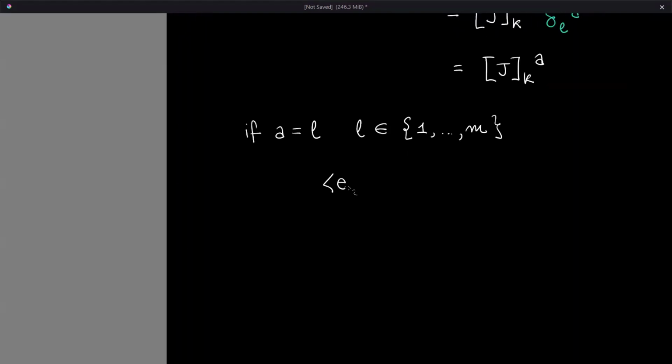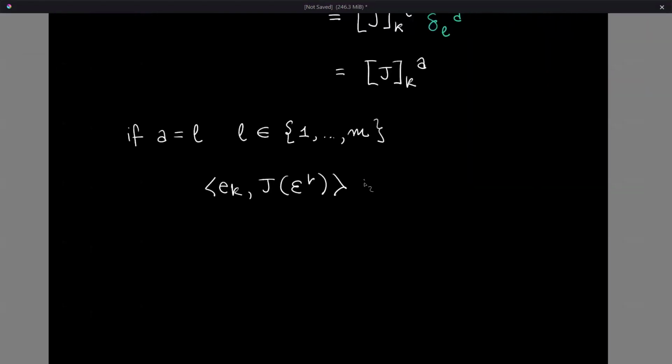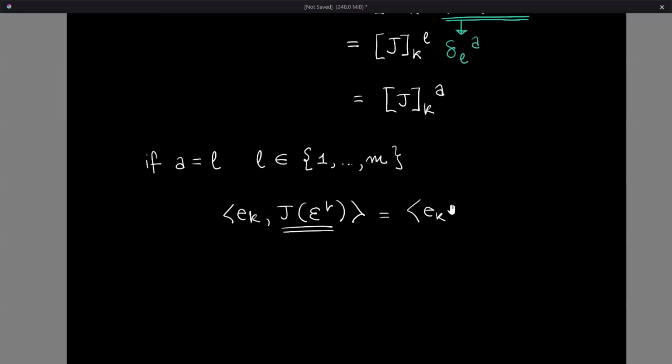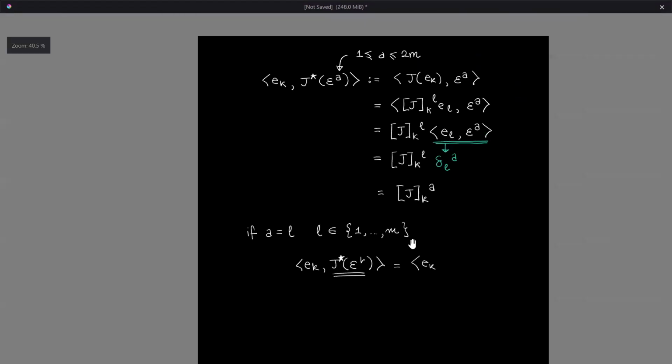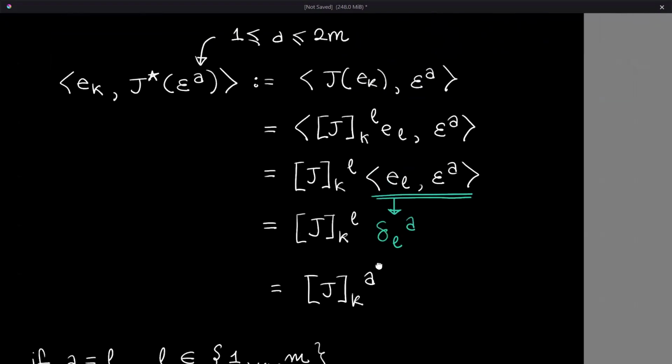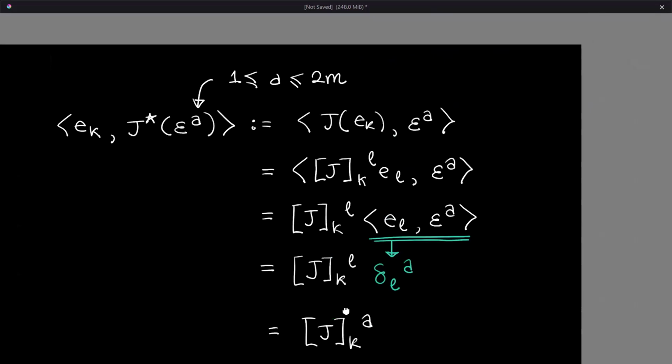Then what we get is EK, J of epsilon L. Well, we know what this is, right? We've already figured out what this is. This should be J star. Notation's catching up to me again. So these should be J, right?